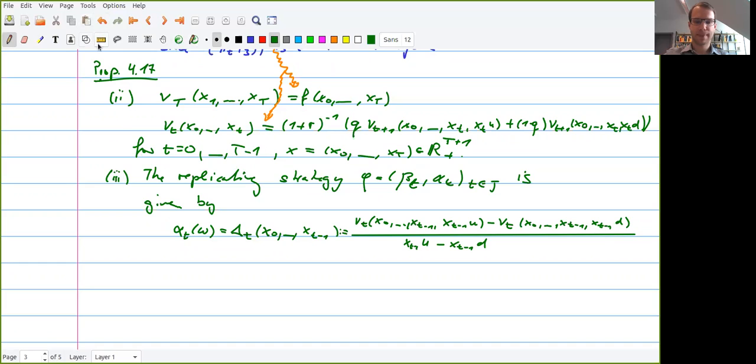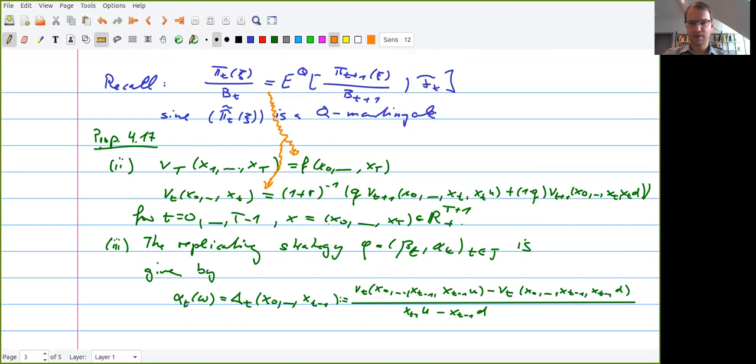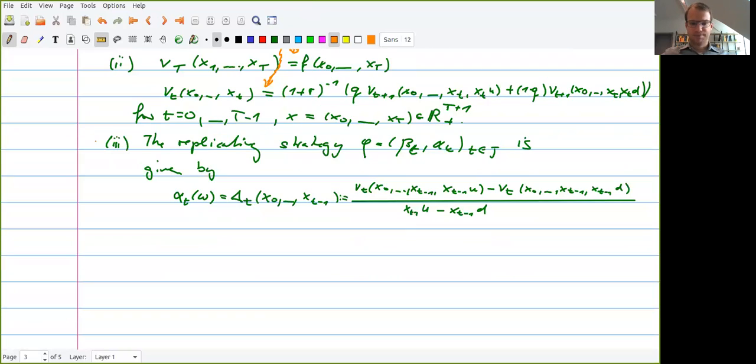So if you scroll up a bit to this formula here, you just need to think how to replicate the movement from time t minus 1 to time t. And this is what is often called delta hedging.